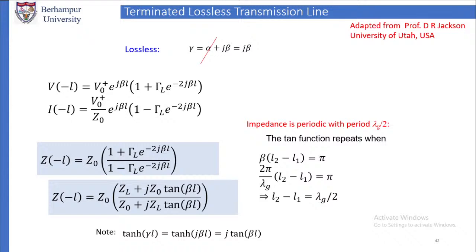Therefore, tan hyperbolic gamma L is equal to tan hyperbolic j beta L. Tan hyperbolic j theta is equal to j tan theta. So use that. That gives tan hyperbolic j beta L is equal to j tan beta L.